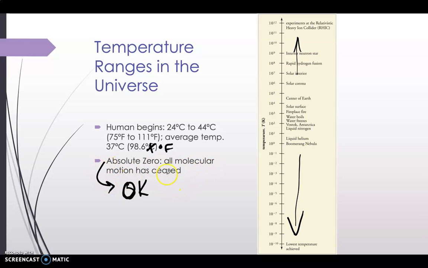All of the molecular motion is stopped. Now, that is very difficult to achieve, because there's always some kind of heat or some kind of temperature to molecules. They don't want to stop moving. So it's very, very hard to achieve absolute 0.